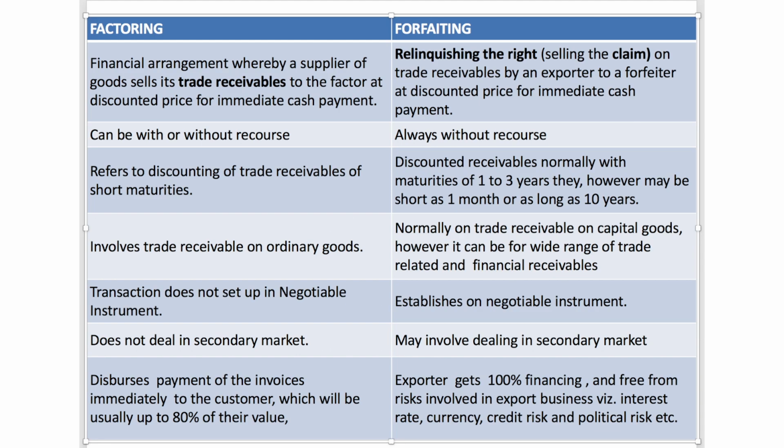Factoring disburses the payment of the invoice immediately to the customer, usually up to 80% of the value, whereas the exporter in case of forfeiting gets 100% financing and is free from the risks involved in export business. So interest rate risk, currency risk, credit risk, political risk, all those risks he is devoid of, and that is the overall scenario of factoring and forfeiting.